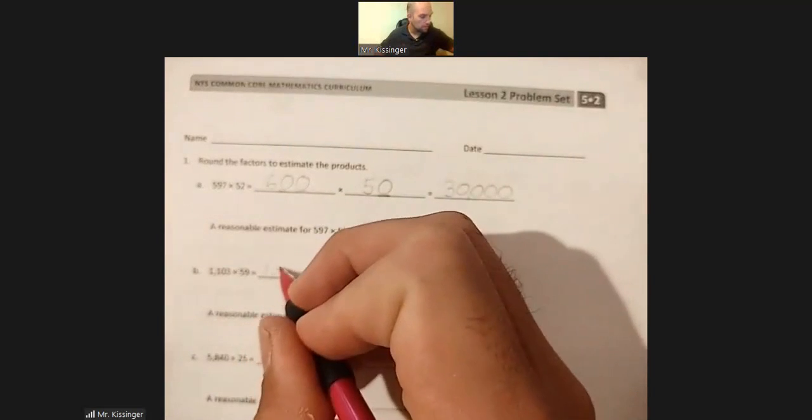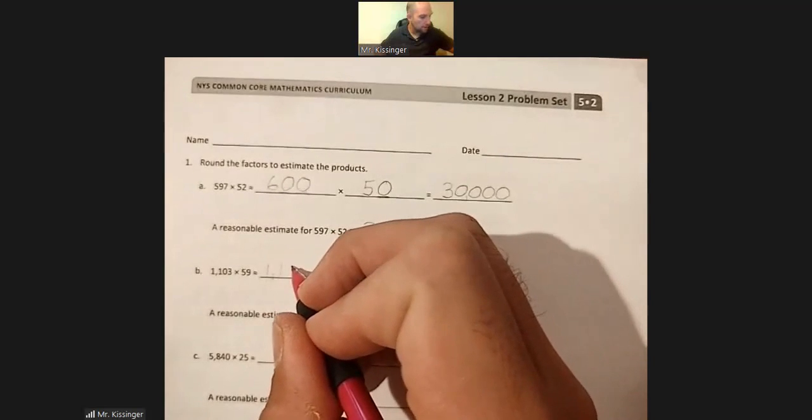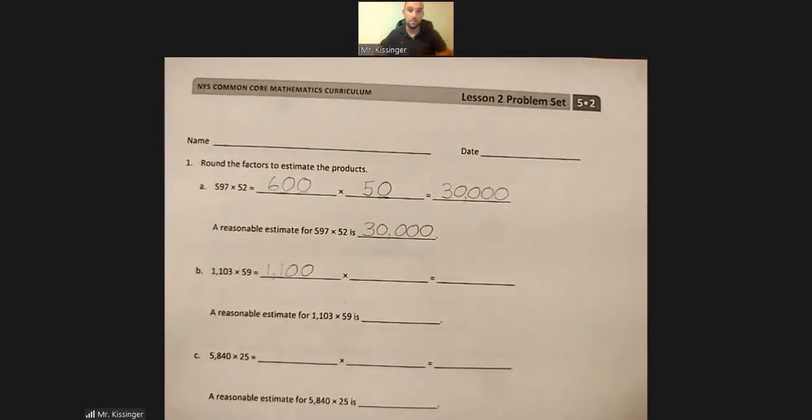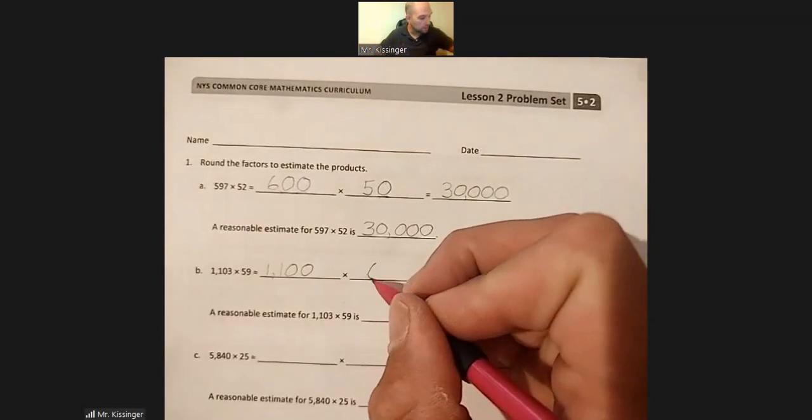Or we'll give ourselves a little bit more of a challenge. We'll round it to 1,100, and that'll give us a little bit more of an accurate estimate, just because that's closer to our original number, our 1,103. Now, our second number, 59, we'll round that to the nearest 10. We'll round it to 60.